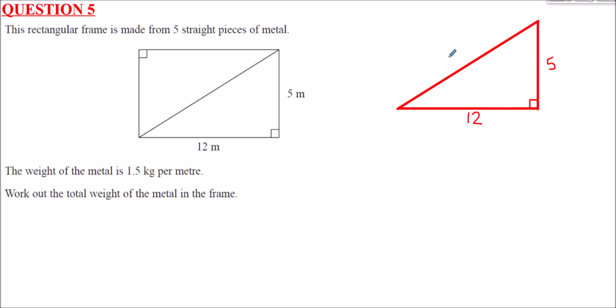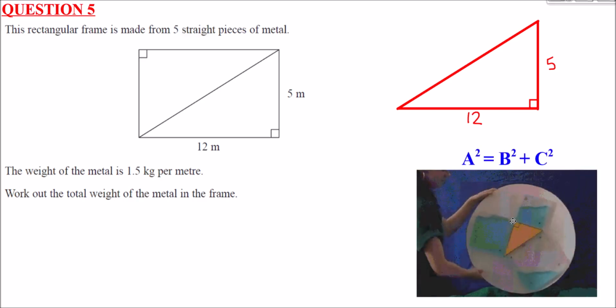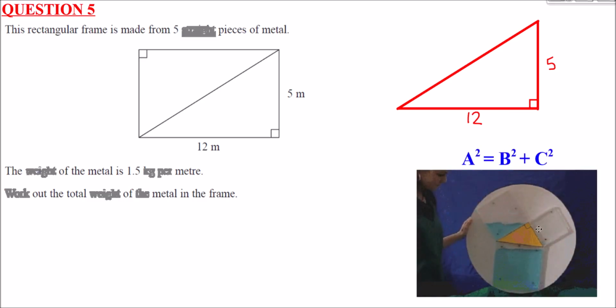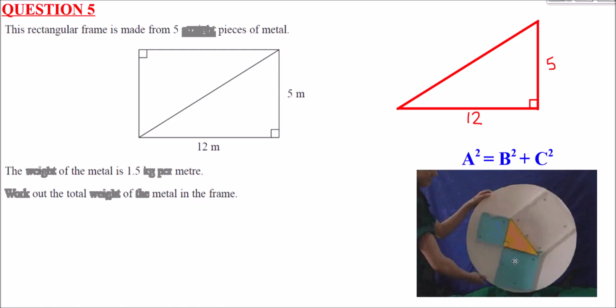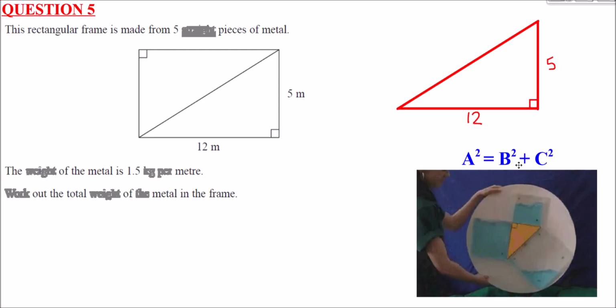So how do we do that? How do we find the third side if you know two already in a right angle triangle? It's that old Greek bloke called Pythagoras. It's this thing here. There's a nice visual of Pythagoras. So these two smaller squares equal exactly the big square. So a squared equals b squared plus c squared.